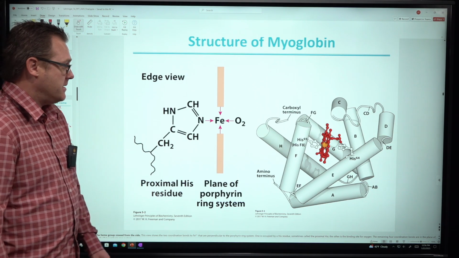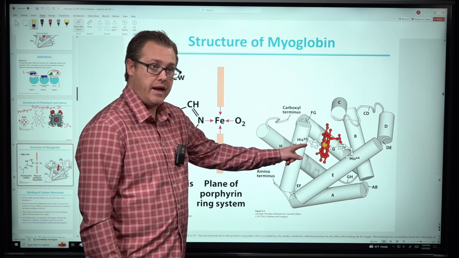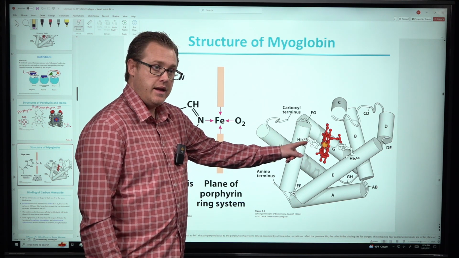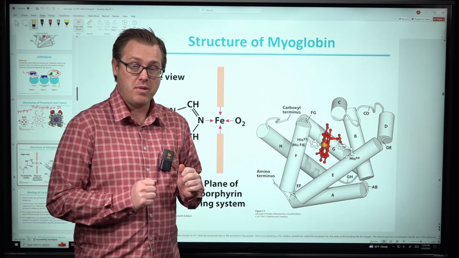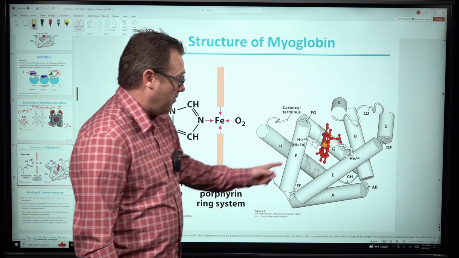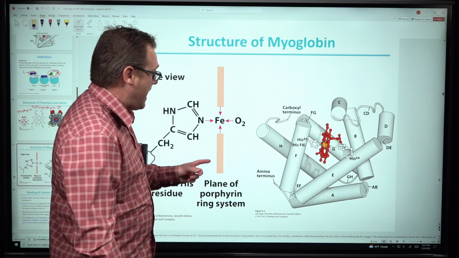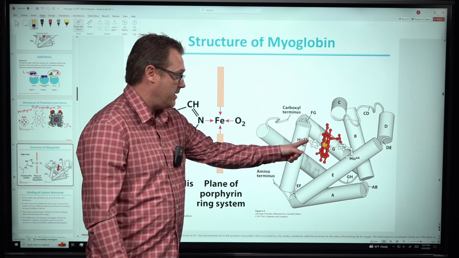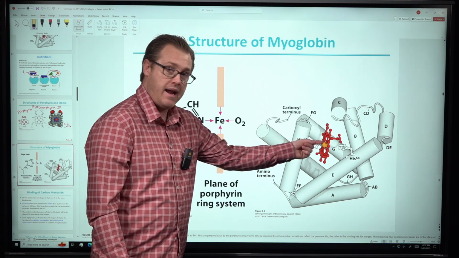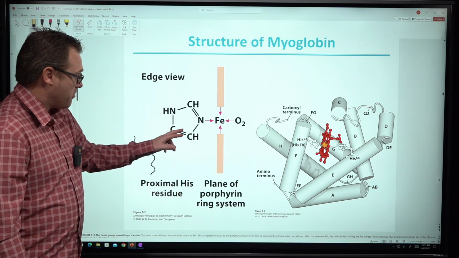And so what happens is histidine 93 right here is going to take up one of the two empty coordination spots. So in heme, we have iron that's coordinated to the 4 nitrogens. And then what happens is when you put heme into myoglobin, histidine 93 is going to coordinate from one face, or represented right here.